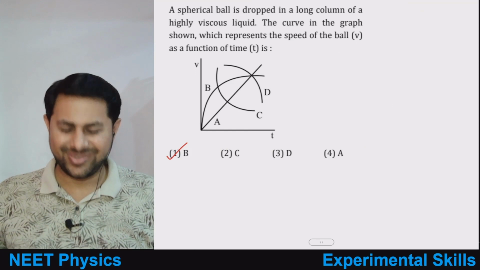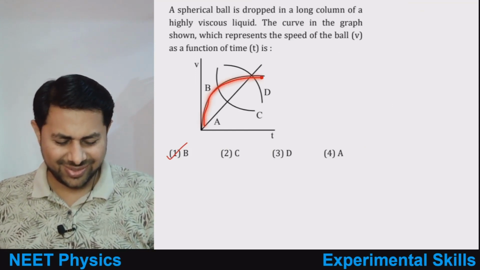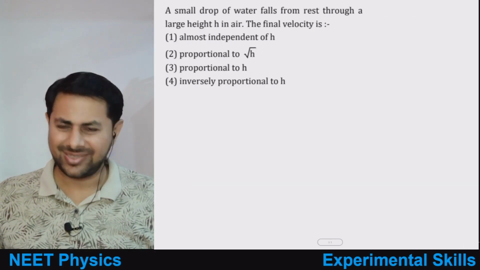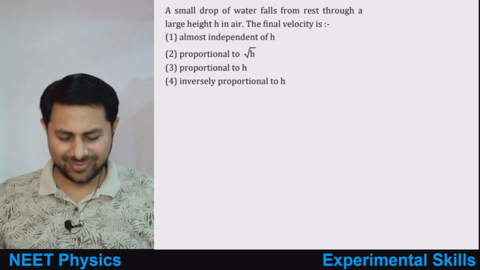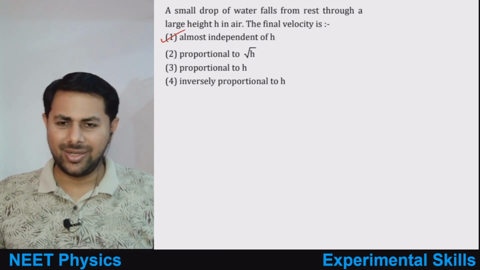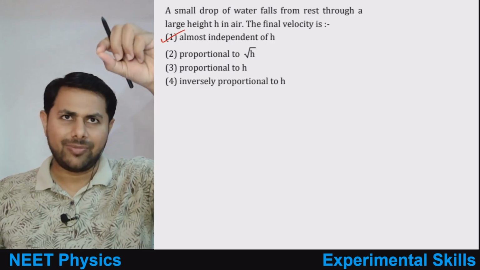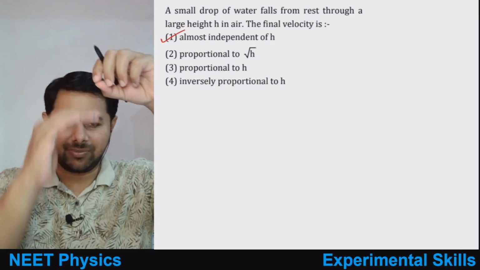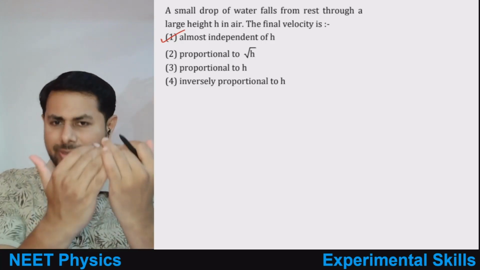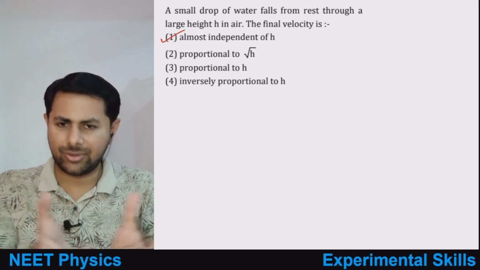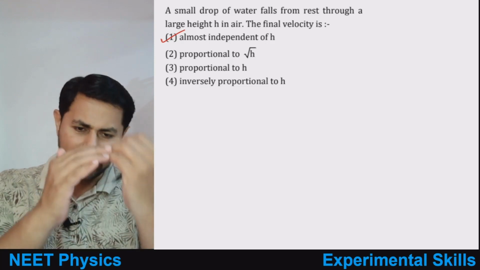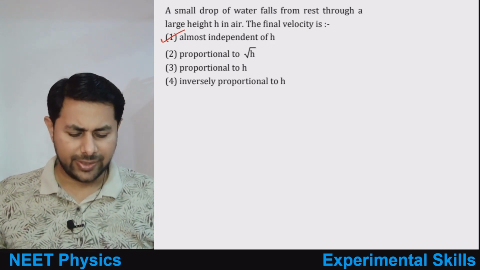Check this graph. It's constant, no? It is almost independent of h. The water drop will fall through some height, and after some time the total upward force, the buoyant force due to the air and also the viscous force due to air, will balance the gravitational force, and from that point onwards its velocity will become constant.